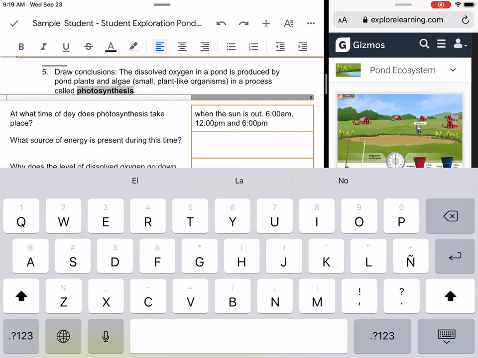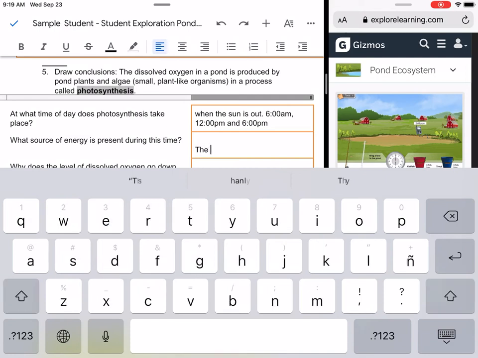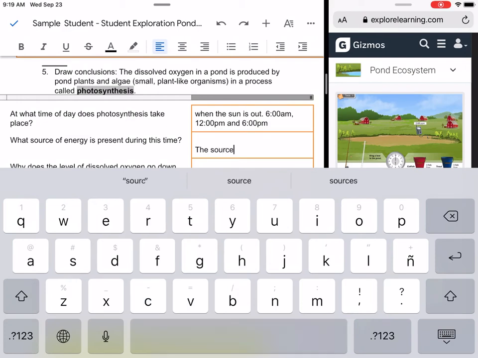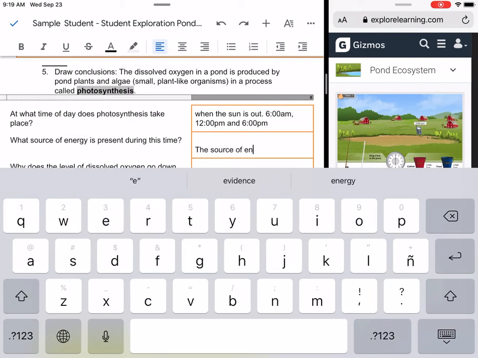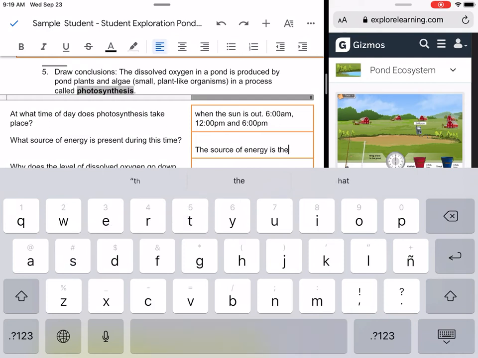Well, we talked about photosynthesis, and plants use the sunlight to carry out photosynthesis. All plants use sun for their energy. So the source of energy at this time of day is the sunlight. Is the sun.